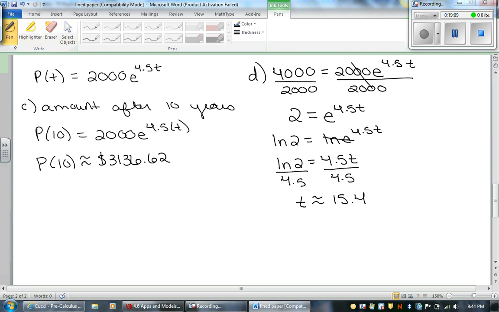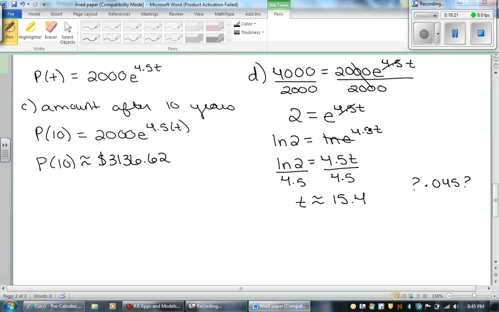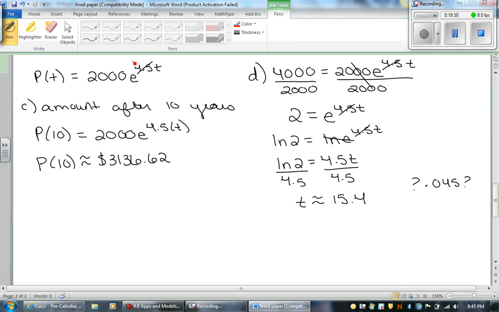So, where'd I get that 0.045 from? Some of you are wondering, right? Here's where. Remember, I do not put this in as the percent. What do I put it in as? I have to put it in as the decimal, 0.045. Okay. If you're going to put it in as the percent, you have to use the percent sign in your calculator. We're not going to do that.